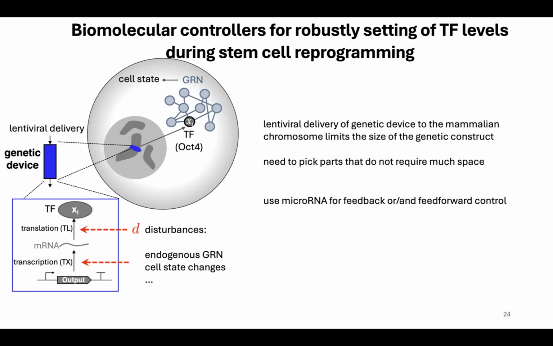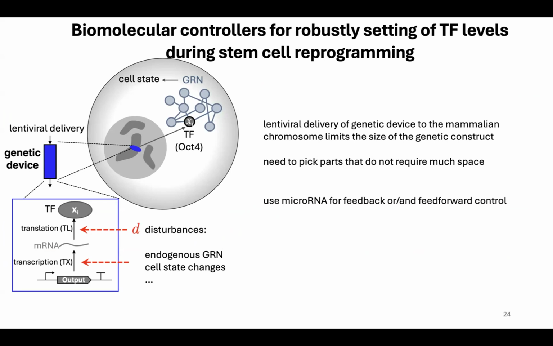In revisiting this picture, we have to think about, once we insert our genetic device in the cell, how are we going to do that? There are many ways. One way, or at least in 2020 when we really dabbled into this problem, a commonly used method is lentiviral delivery.